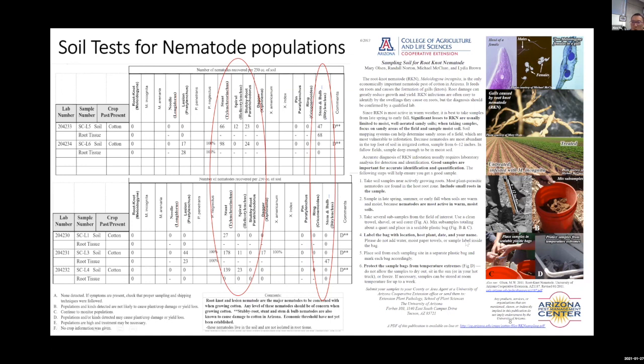You cannot just walk down the field, take a soil probe, and randomly collect soil, because nematodes a lot of times concentrate on the root zone, since that's where they feed on the roots.